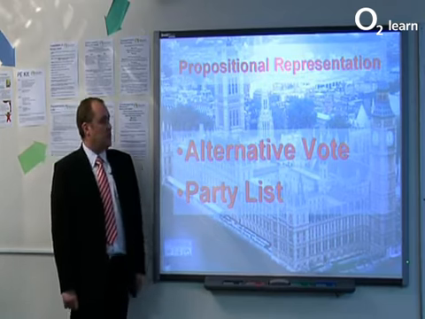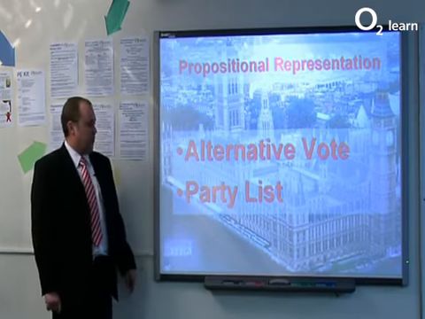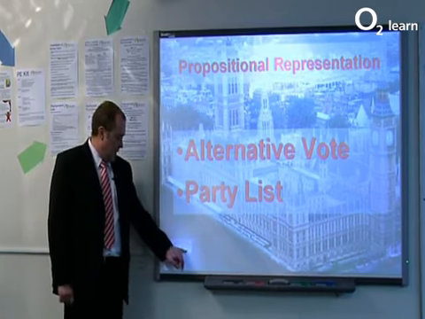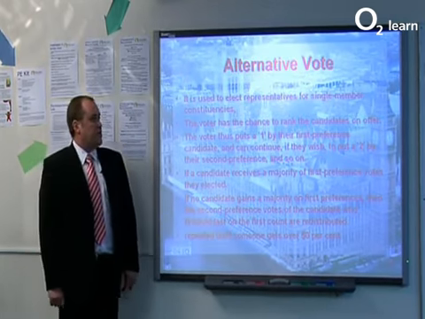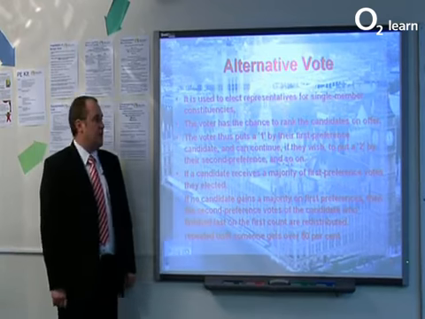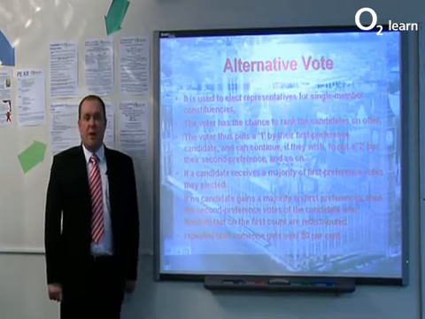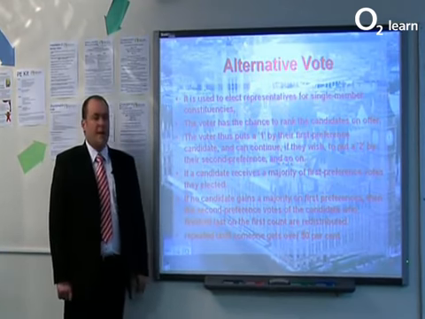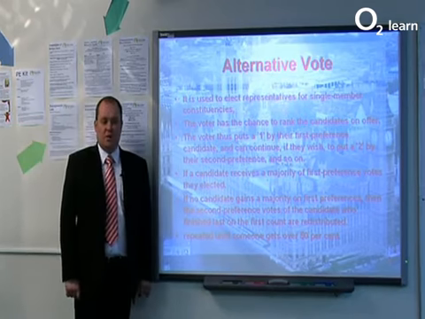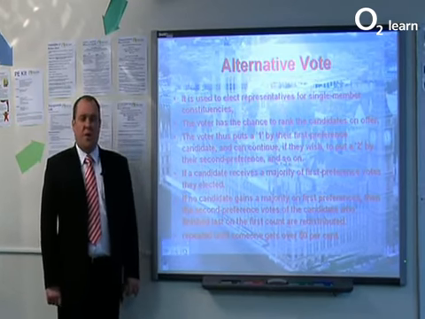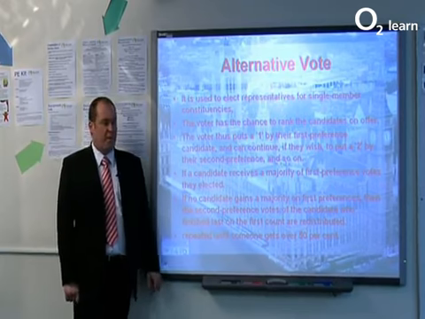What I'm going to look at is two different systems of voting: the alternative vote and the party list. The alternative vote basically works similar to first past the post, where you have single member constituencies. Instead of putting a cross next to the person that you want to vote for, you actually put an order of preference.